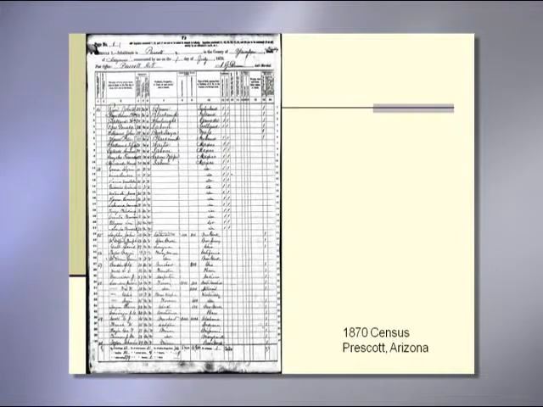This is the 1870 census, and it refers back to the Civil War. And in the last column, it asks if you are a male 21 years of age or over, and have you been denied the right to vote on other than a crime or the late rebellion.